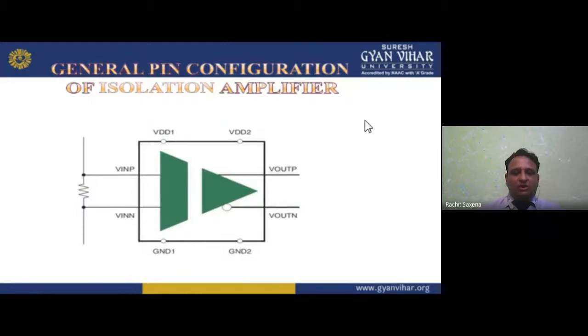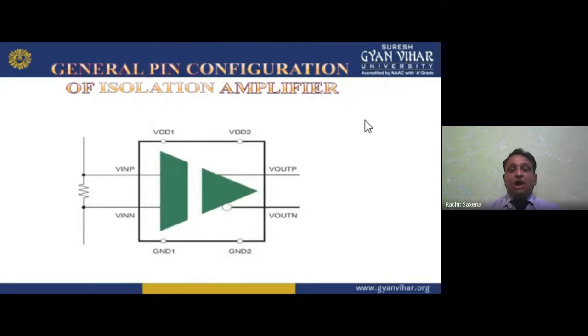So we need electrical power. If we are in need of electrical power, how can we isolate? If I want to isolate from that electrical power or the leakage current, I use this amplifier.